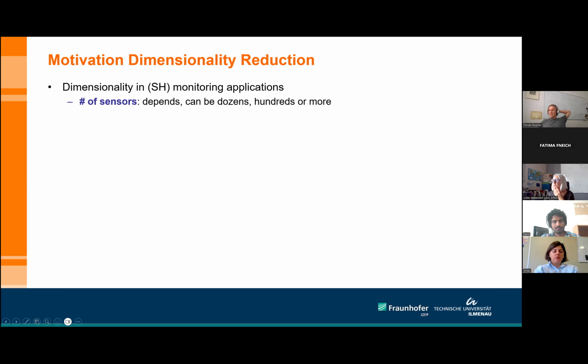Just think about it. What does the dimensionality of sensor data depend on? Well, first of all, it depends on the number of sensors, obviously, and particularly in monitoring applications, sometimes you use a single sensor, but more often than not, it can be dozens. It could even be hundreds or more.